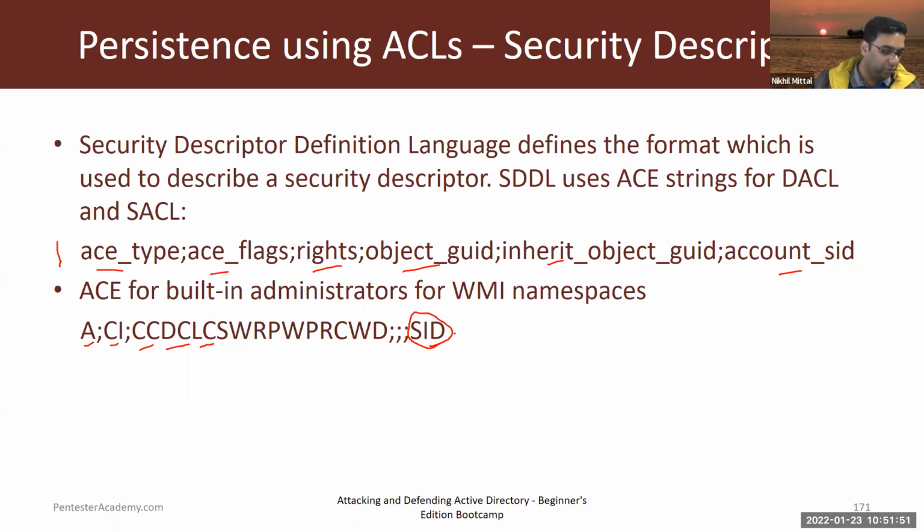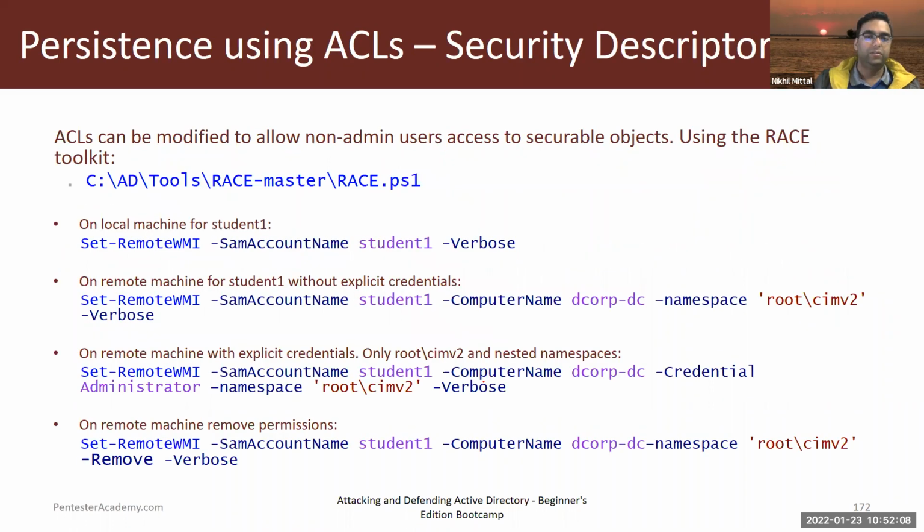That is, if you want to modify the ACE for WMI namespaces, you can pick up the entire SDDL and just replace this by the SID of a user that you control. So this can be done using the RACE toolkit.